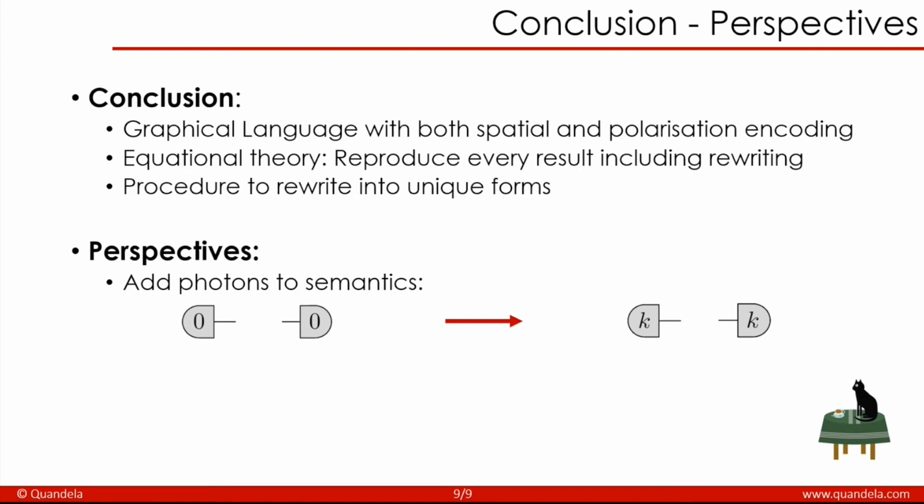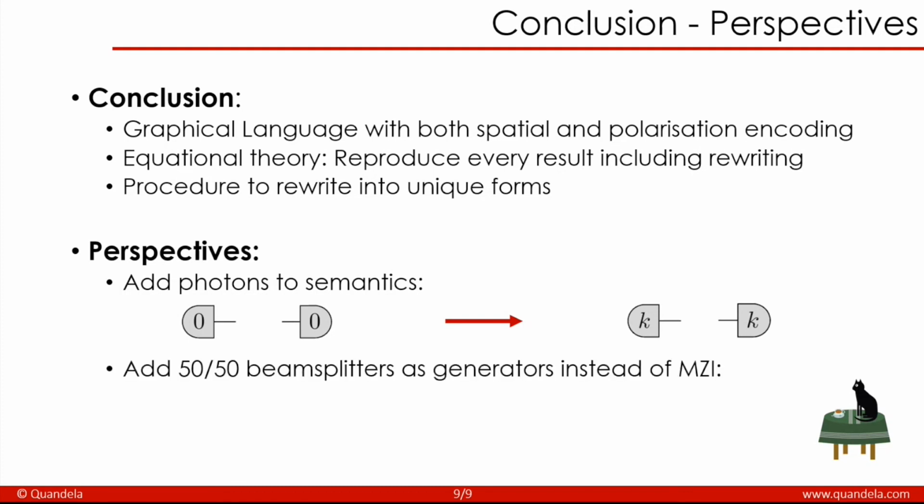And finally, as you may have seen, the beam splitters have a parameter for the reflectivity. And in practice, we do those beam splitters with the Mach-Zehnder interferometer, so only with 50-50 beam splitters. And for now, the generators don't have the 50-50 beam splitters. So maybe we would like to change the rules a bit, so that the 50-50 beam splitters are in the generators.